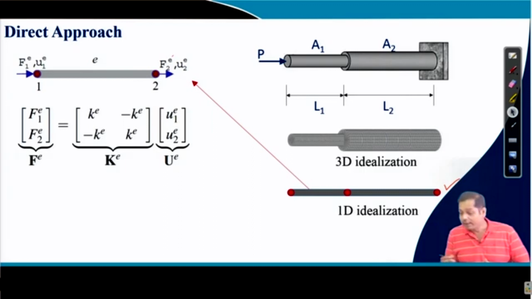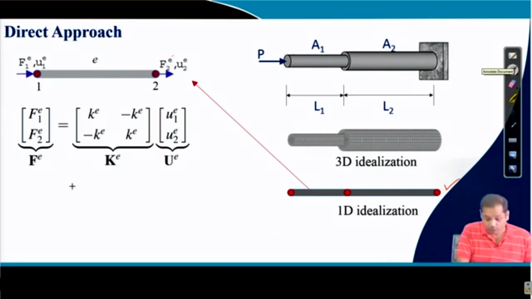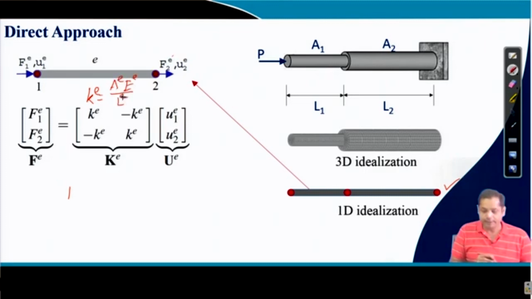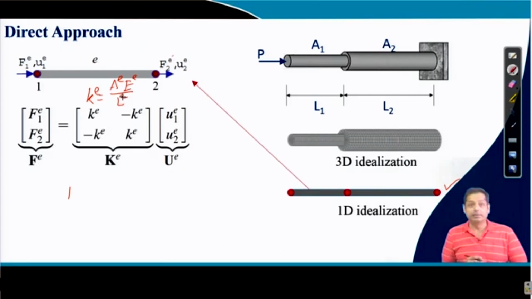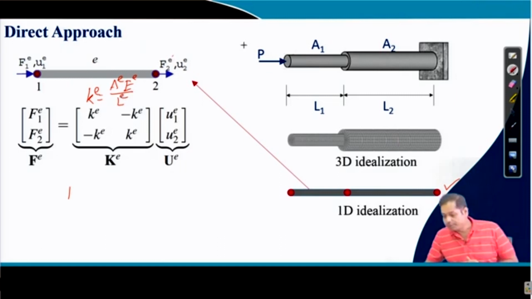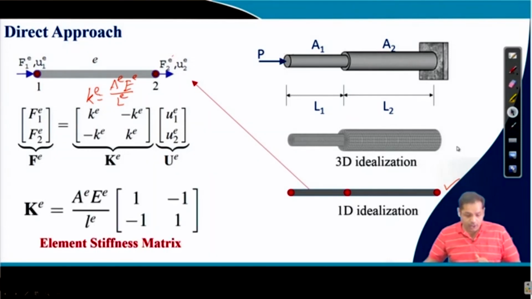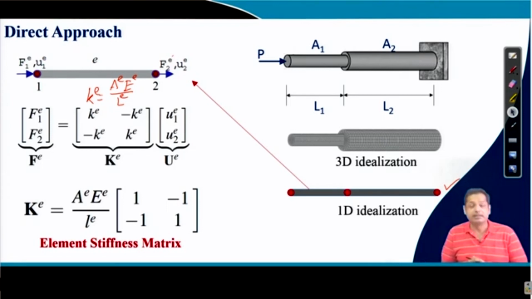And if you recall, the expression for Ke was AE by LE. This is the expression we have already seen, called the element stiffness matrix. So, this we have seen in the last class.